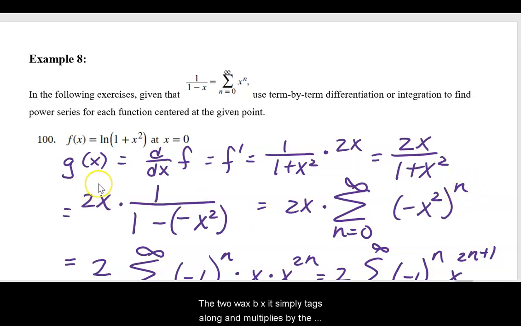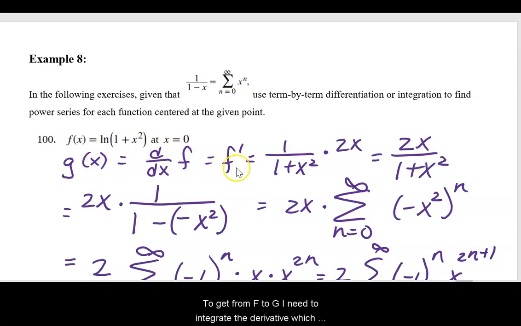The 2x being multiplied by it simply tags along and multiplies by the power series representation. This will give me the power series representation for g, which is the derivative of f. However, I want the power series representation of f.